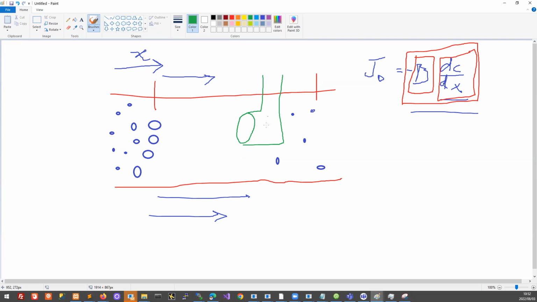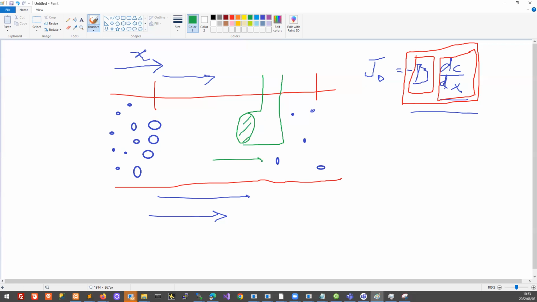Of course, sticking in a pipeline here will cause other kinds of hydrodynamic influences, and it will upset the diffusion profile also. But anyway, assuming that there are no influences like that, we will have a certain diffusion flux in this direction, and we can estimate how much is entering an area like this. Okay, so that's the basis of many things that we will do in the coming weeks.